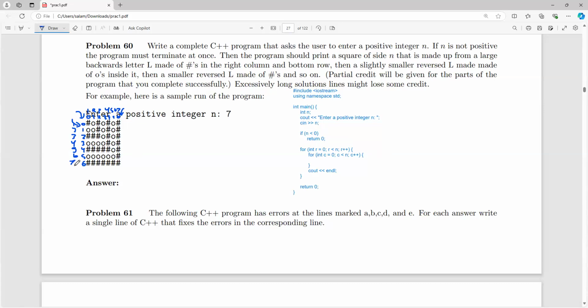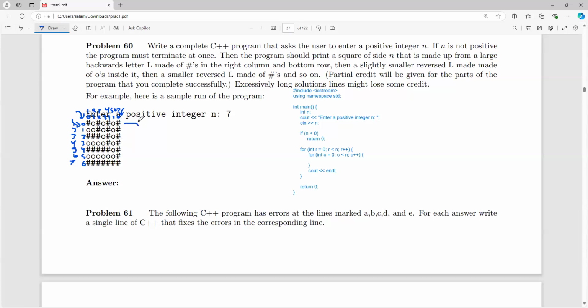Let's start from 0 and see how it is from 0. So let's look at the pattern. When r is 0, where does it print the hashtags? When they're both even. So r is 0, column 0 prints, 0, 2, 0, 4, 0, 6.